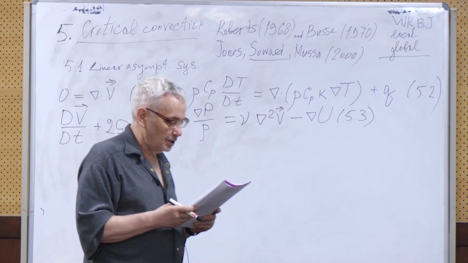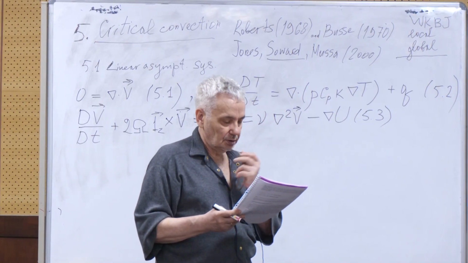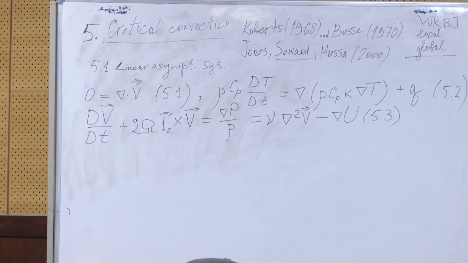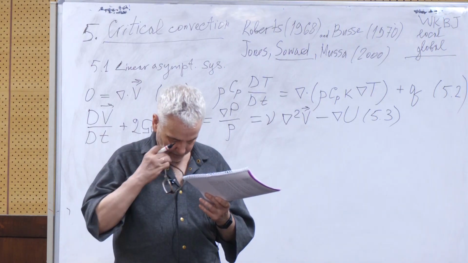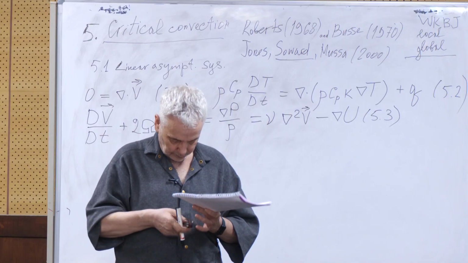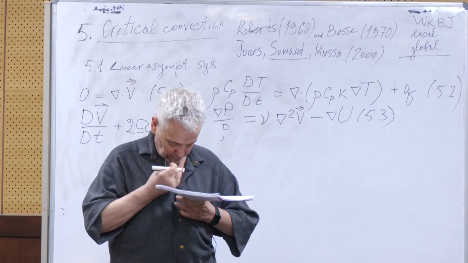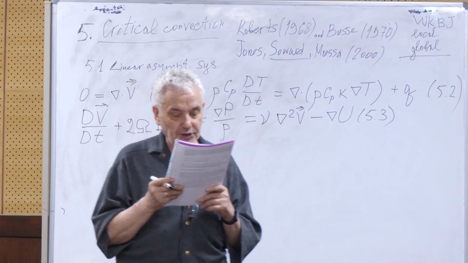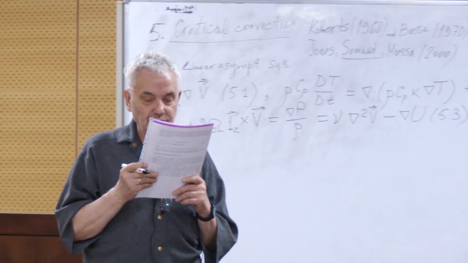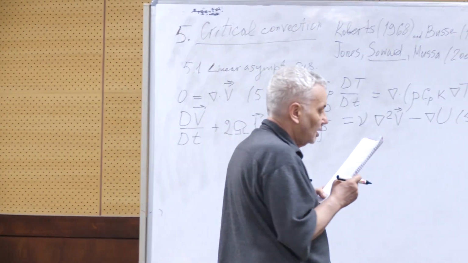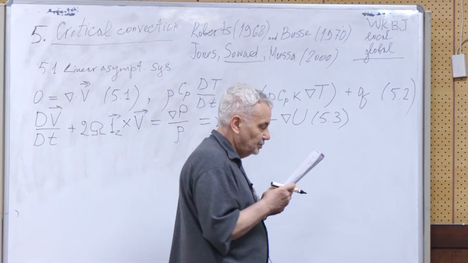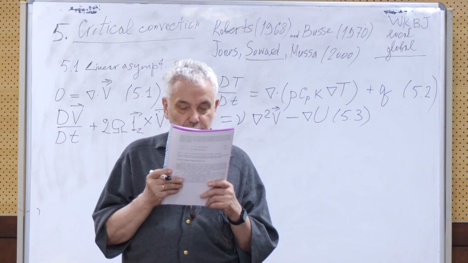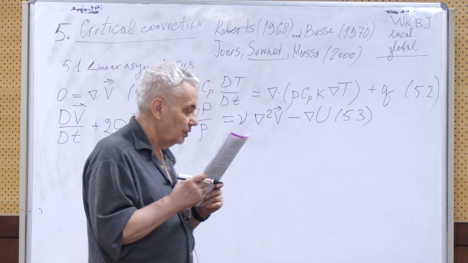The centrifugal acceleration in 5.3 is neglected with an accuracy of order 0.5%. So we don't even write it down, in comparison to the standard gravity acceleration.